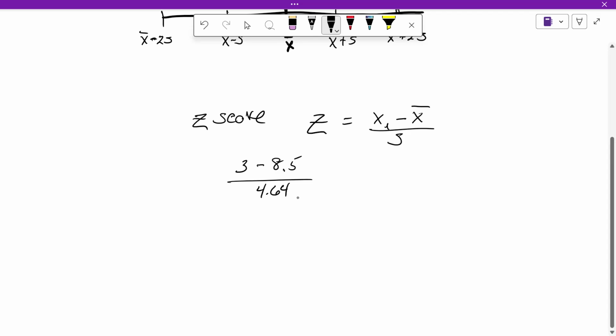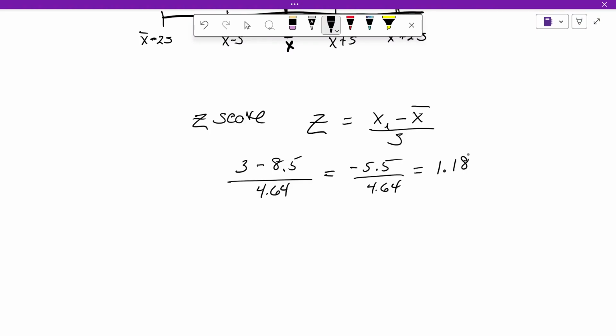This is literally how many standard deviations away from the average that number is. The difference was minus 5.5. I divide that by 4.64. 1.18. This z-score is 1.18. It means that that observation is 1.18 standard deviations from the average.